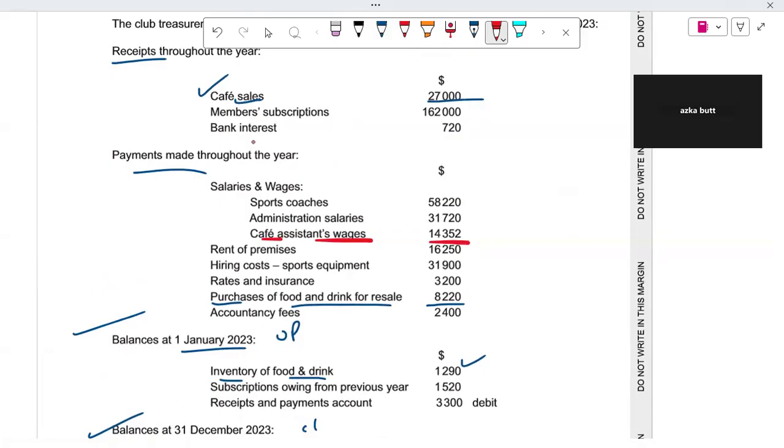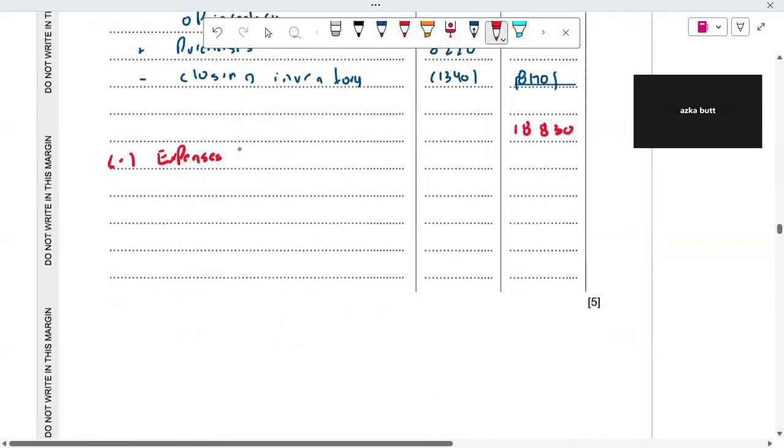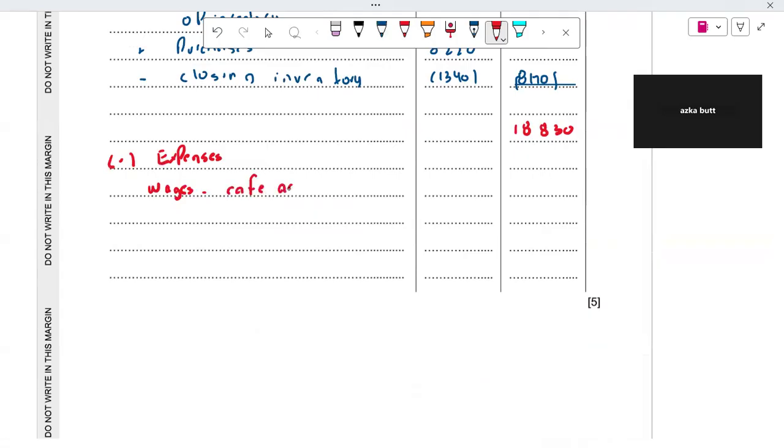So that's why there is only one expense, and this is wages. So now we deduct this from this. So now we have the profit for the year.